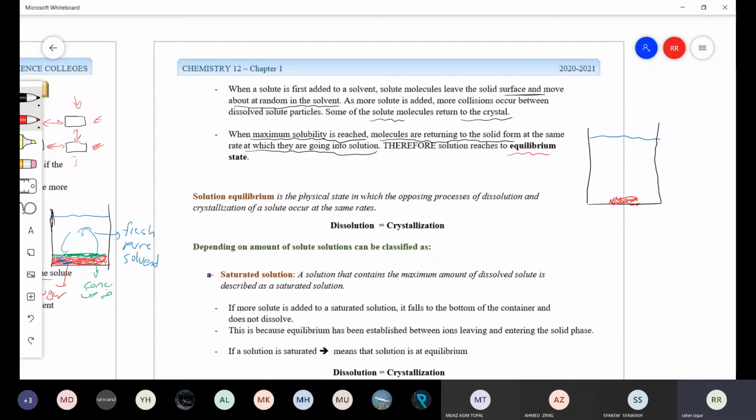What is equilibrium? Some students think that when we talk about equilibrium, it means that two amounts of something are equal. But when I want to explain equilibrium, it is not two amounts that are equal. Two changes are equal. Let me give you an example. You are sitting in your room right now, let's say.